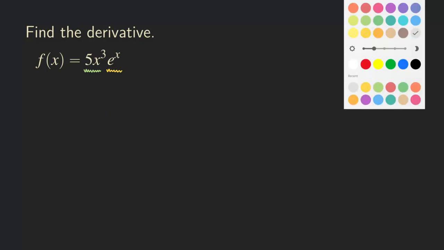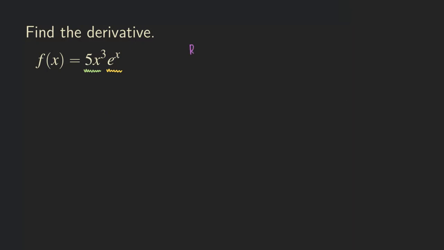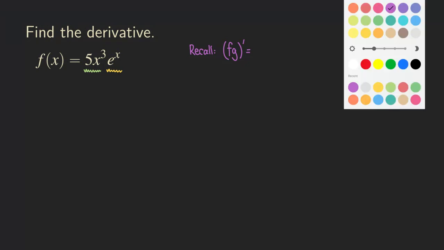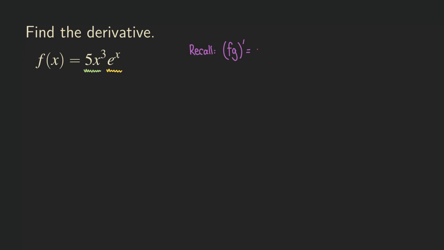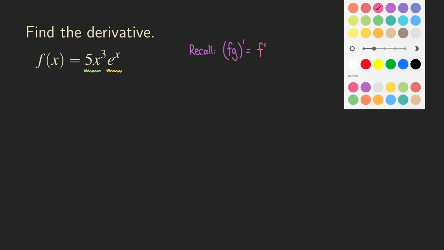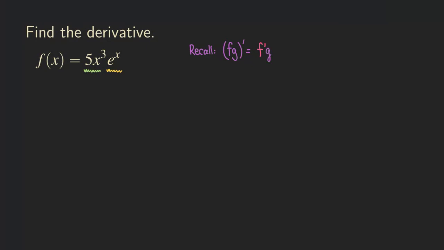Let's just recall that the product rule says that if you take the derivative of a product of two functions, you are going to be doing f prime. So you take the derivative of the first function and then you just copy the second function.